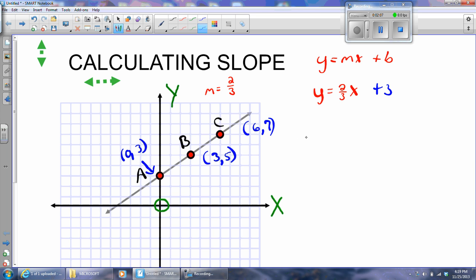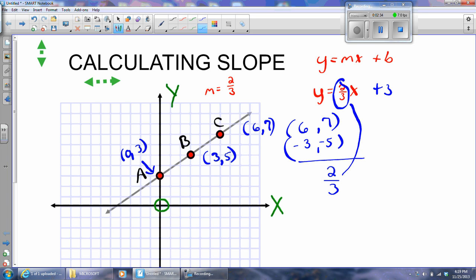Now, just a peculiar thing to notice here. If I take 6, 7, and I subtract, say, 3, 5, I would end up with a 2 and a 3. Hey, look at that. That matches my slope, doesn't it? What I'm telling you is that I can give you the slope of a line without ever having seen the line.